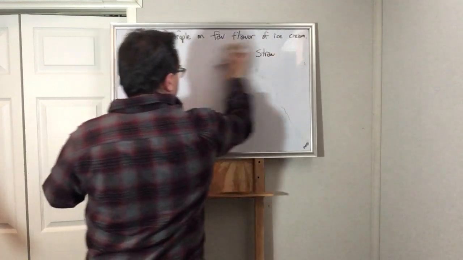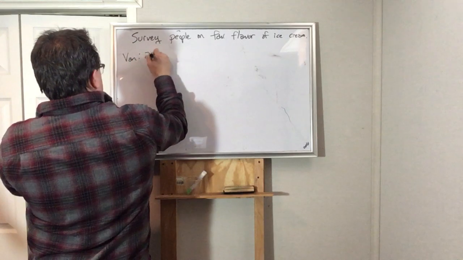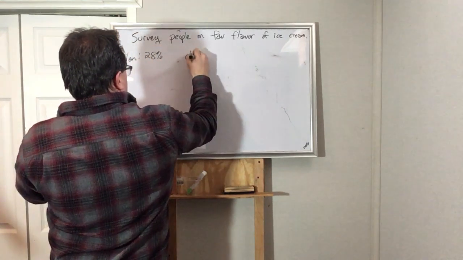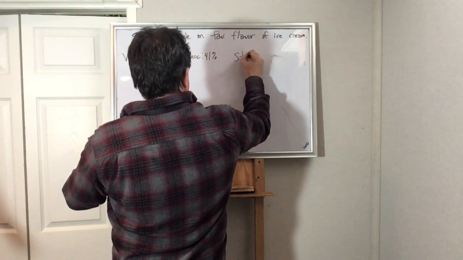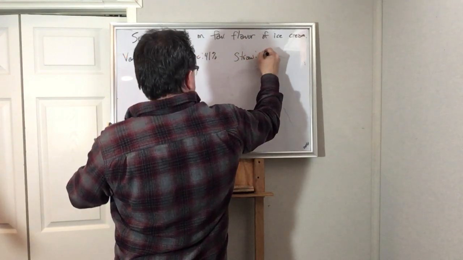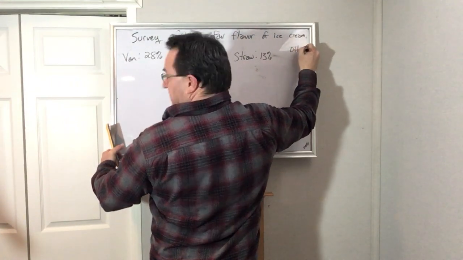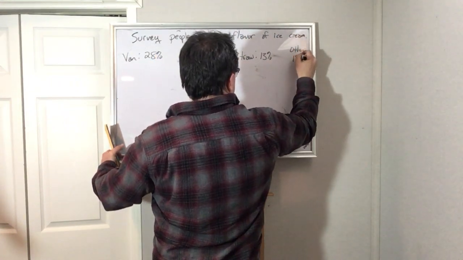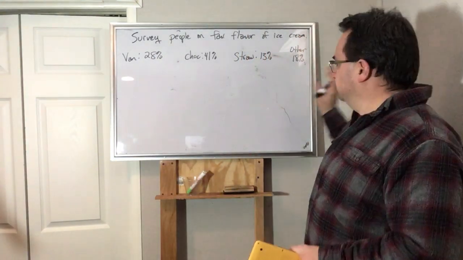I've got to write smaller. Vanilla was 28%. Chocolate is 41%. Strawberry, 13% like that the best. And other is 18%, so something other than vanilla, chocolate, or strawberry. So this would be the setup.